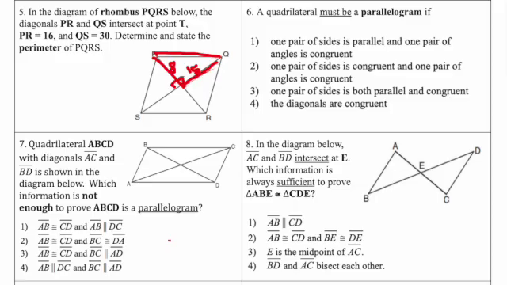So, let's do that. Okay, Pythagorean theorem is a squared plus b squared equals c squared. Now, c is always the hypotenuse.